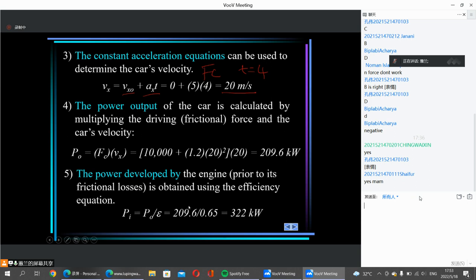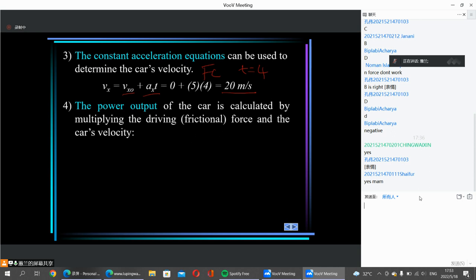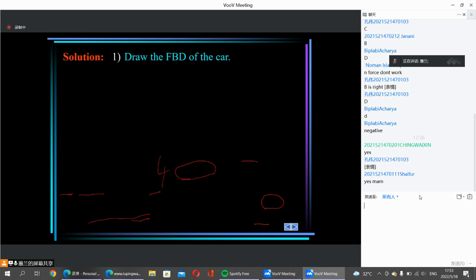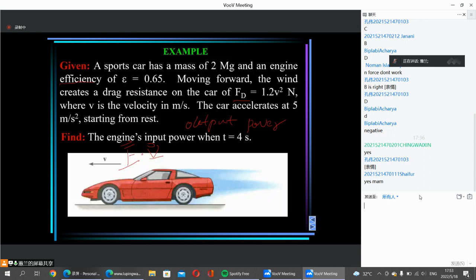Okay, so to find the input power, let's review this again. You need to find the input power. The efficiency is given, so we need to find the output power. We need to find the friction force.